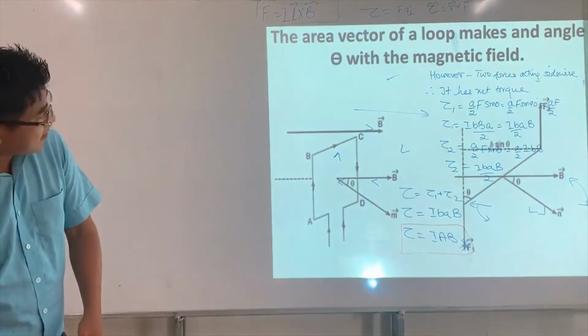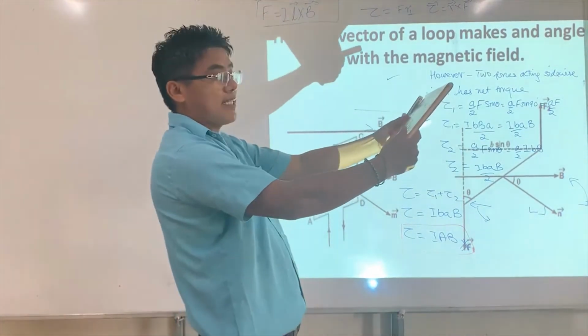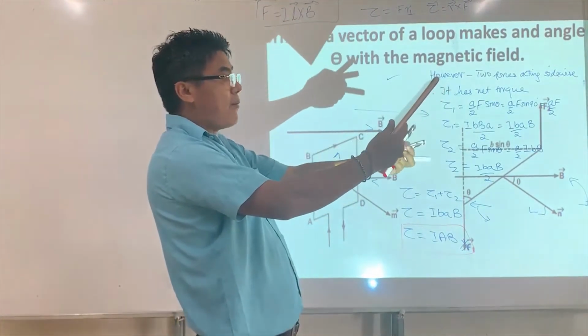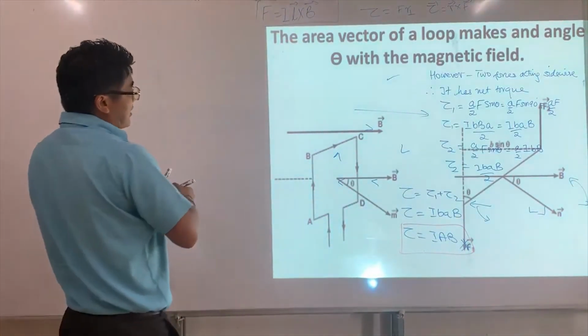So with some angle, that means this is the point where I have like this. I'm going to draw like this.